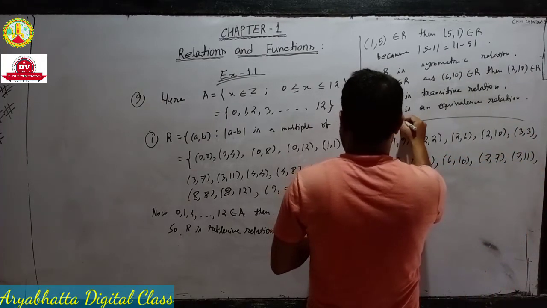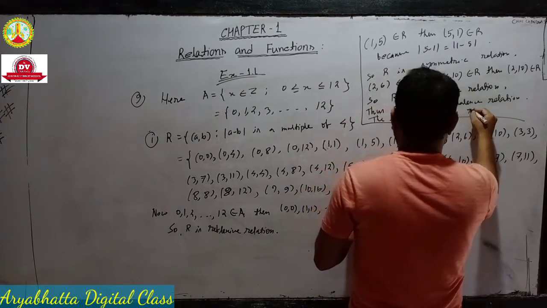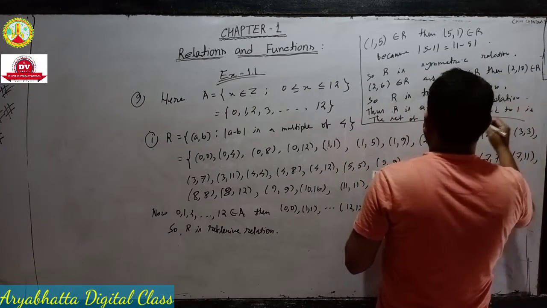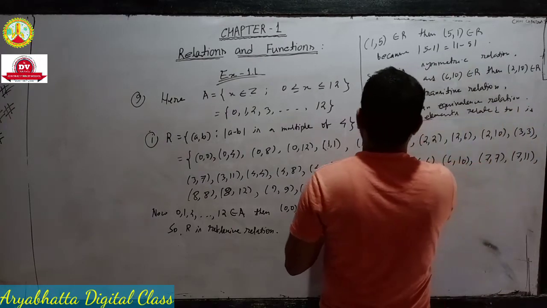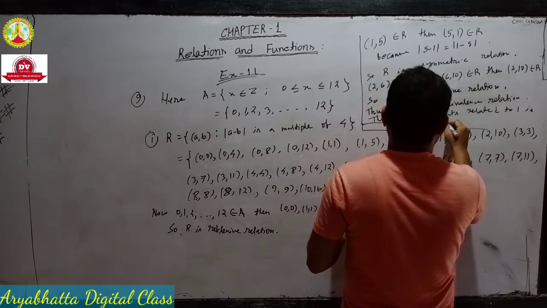The set of elements related to 1 is {1, 5, 9}.